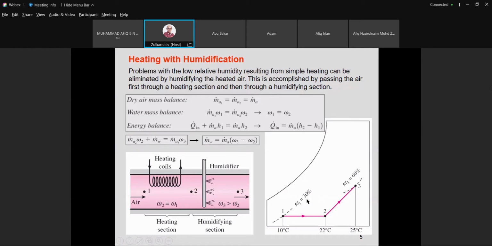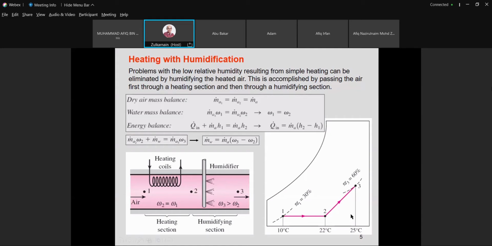Because of this heating process, we are going to bring down the value of Phi, or the relative humidity. Then after that, from state 2, we are going to mix the air with moisture from this humidifier. Then we are going to increase the amount of vapor contained in the airflow.